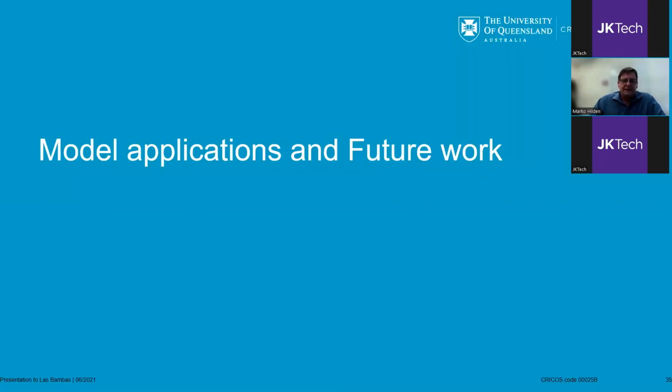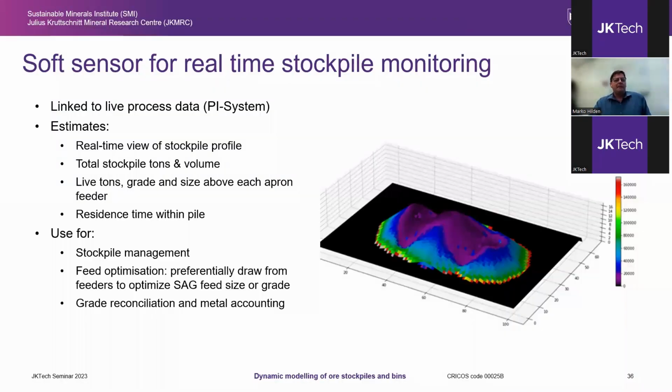With this capability, how can we use this stockpile and bin model, and what other research do we have to do? So we've been able to show that the model can be linked to live process data, and therefore act as a soft sensor for real-time modeling and monitoring of the process.